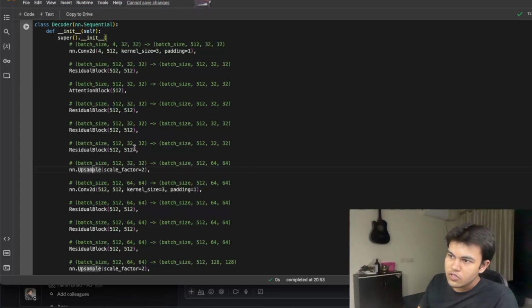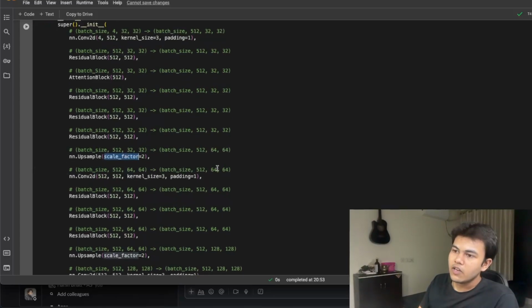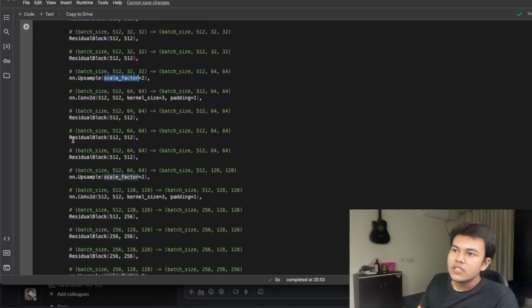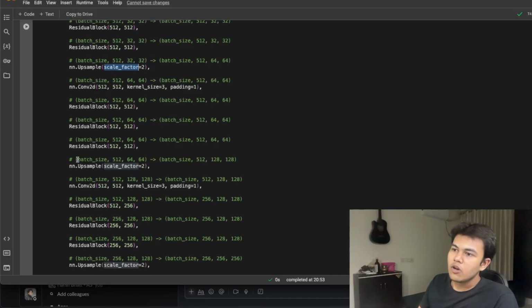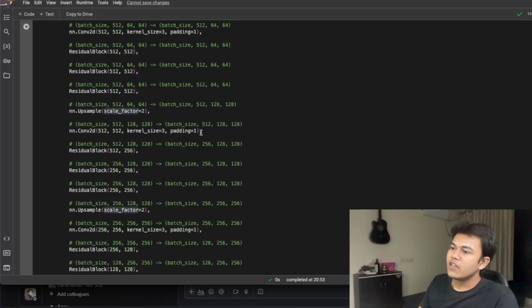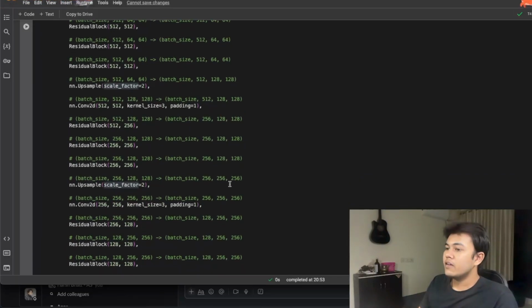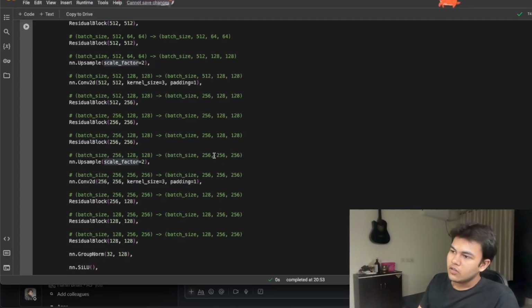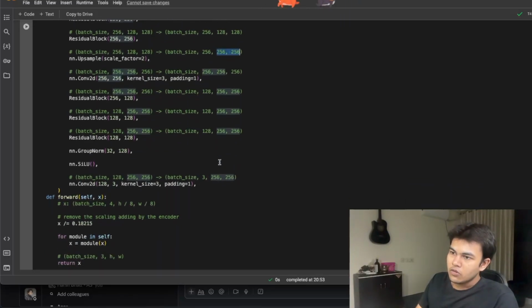Earlier we had a batch size of 32 by 32 image, and when we call this function, it upsamples by a factor of 2 because the scale factor is 2, so it becomes 64. Then we use the same scale factor of 2 to get 128, and we do this again to get 256, because our input image is 256 and the output image is 256.